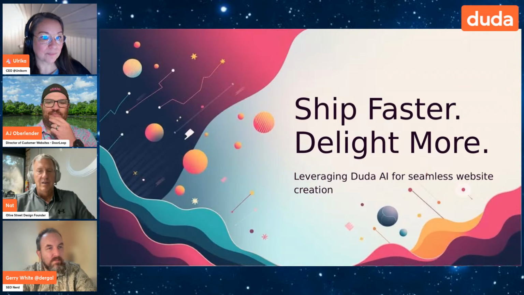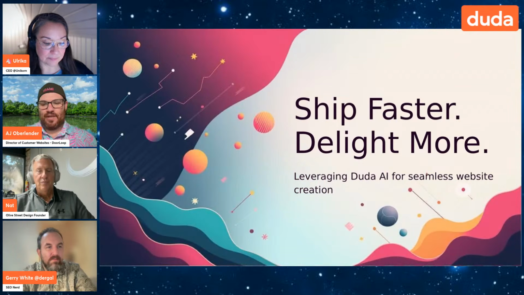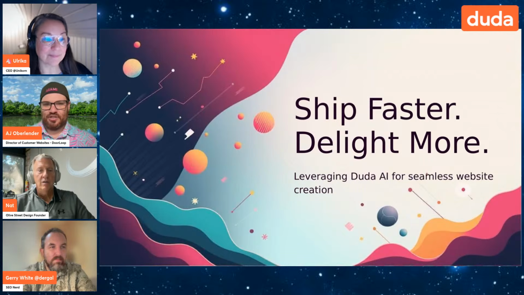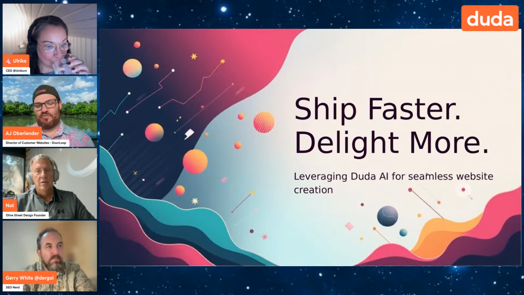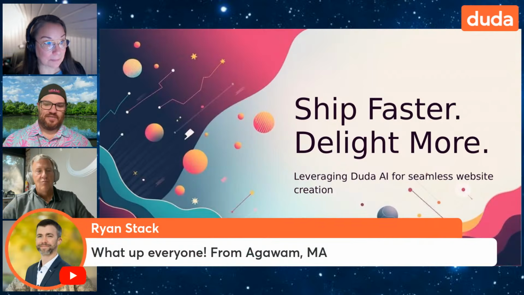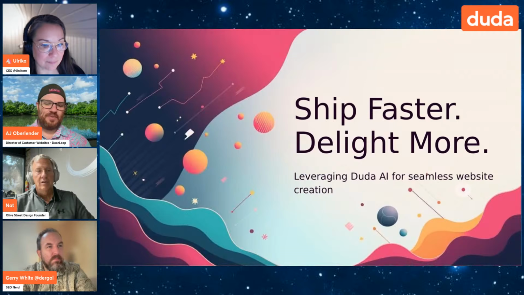The way we like to use the Duda AI tools at Doorloop is currently we didn't offer custom websites. We do everything template based for ease of scalability. We have a small team, and so everything has been done via templates, forms, all that stuff.